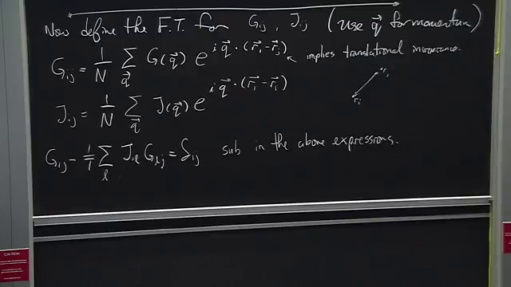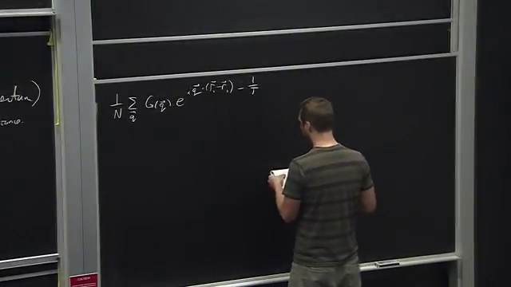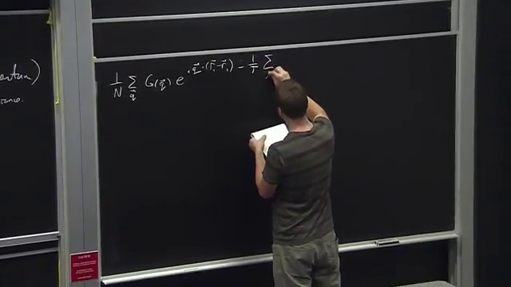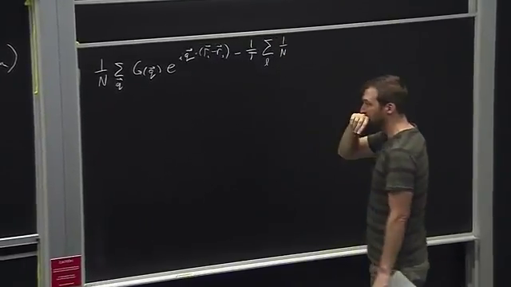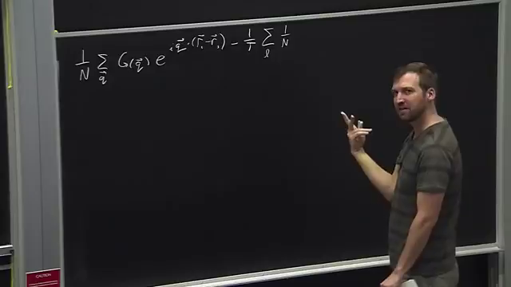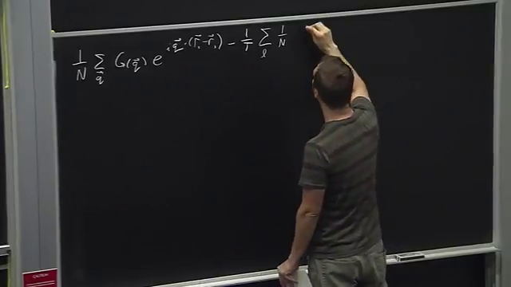Okay, so that first Gij, minus 1 over t. Okay, so we've got a sum over L. So this is a term that you're going to have to worry about. So I have two objects, J and G. I need the Fourier transform of both of them.